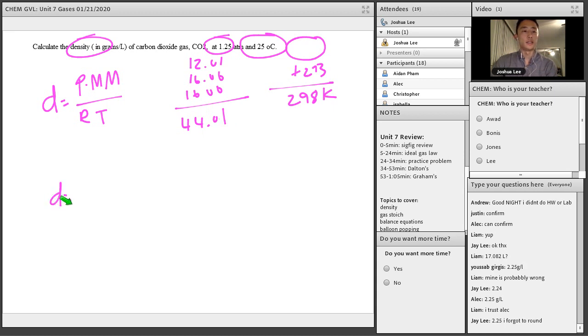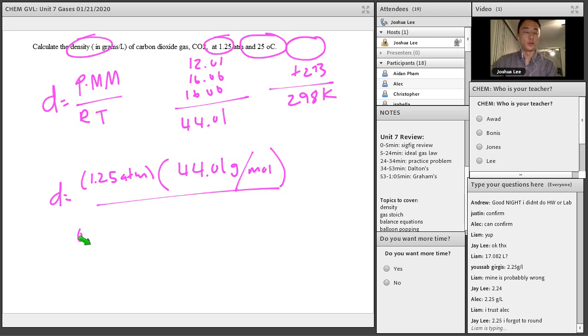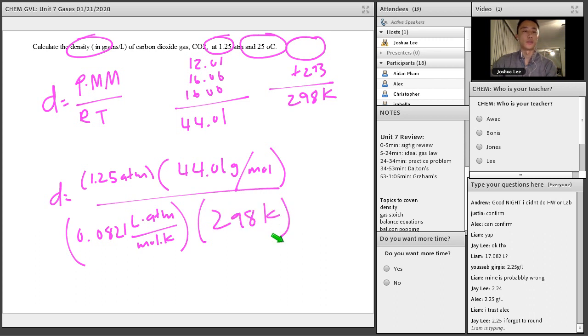So the density would be the pressure, which is 1.25 atmospheres, the molar mass, which is 44.01 grams per mole, over 0.0821 liter atmosphere per mole Kelvin times temperature, 298 Kelvin.